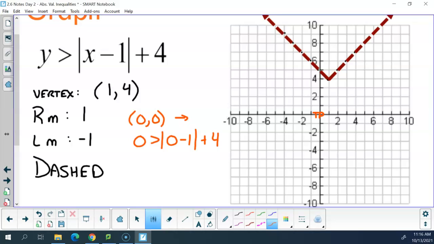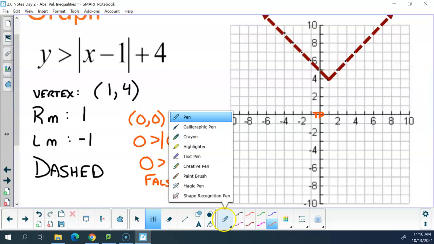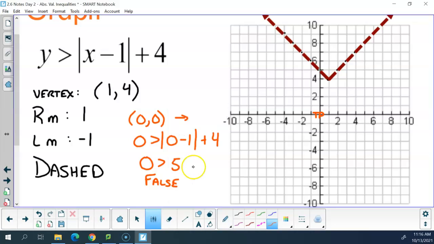So this statement is 0 is greater than 5. That's not true, right? That's false. So since my test point was on the outside, I am going to shade the inside.